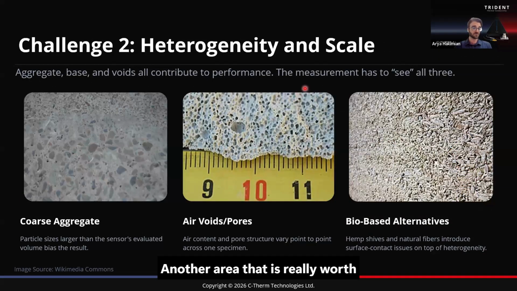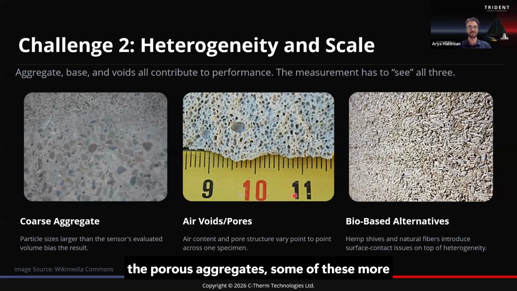Another area that is really worth considering as you're going about your testing here is the level and the scale of the material that you're testing as it relates to its heterogeneity. Concrete, these types of samples, whether it be traditional concrete with the porous aggregates, some of these more porous or aircrete style samples, or those bio-based alternatives, the scrutiny on what the measurement is evaluating is something to keep in mind, to make sure that the data you're collecting is really representative of that sample.